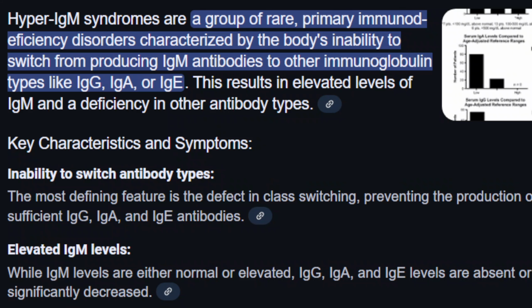Hyperimmunoglobulin M syndromes are a group of very rare primary immunodeficiency disorders characterized by the body's inability to switch from producing immunoglobulin M antibodies to other immunoglobulin types like immunoglobulin G, immunoglobulin A, or immunoglobulin E. So the only immunoglobulin present will be immunoglobulin M, since all the others come from it.